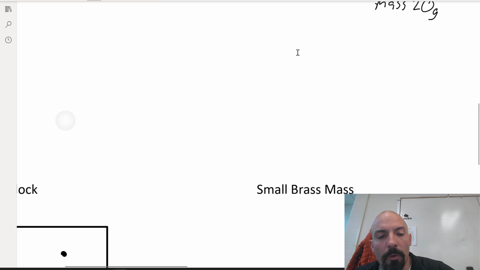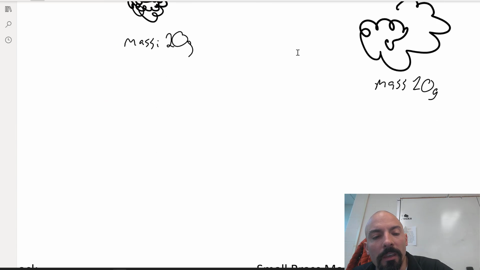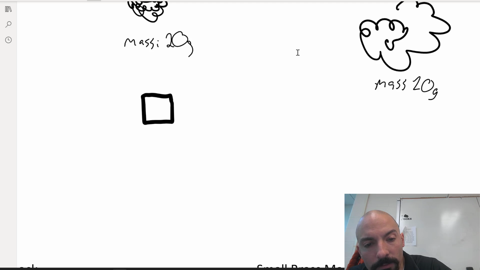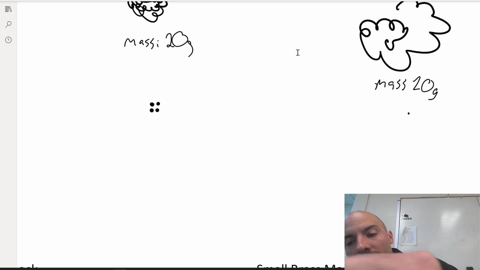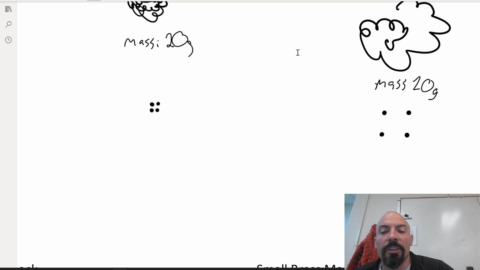What we did was, we had a small thing of steel wool, and then afterwards, we'd still have the same amount of steel wool, but it was just separated further apart. That's how we represented that in the first place. Same mass, but different volume.